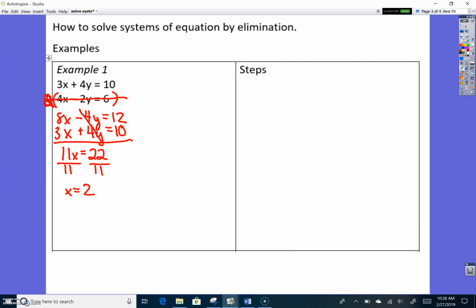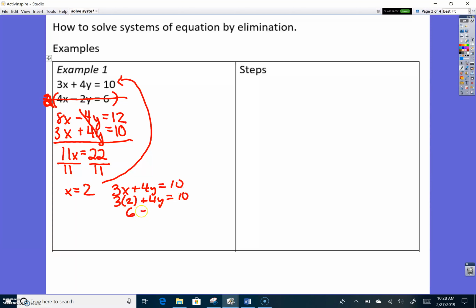My last step is I'm going to substitute this 2 back into the equation. 3x plus 4y equals 10, right? So I'm 3 times 2 plus 4y equals 10.